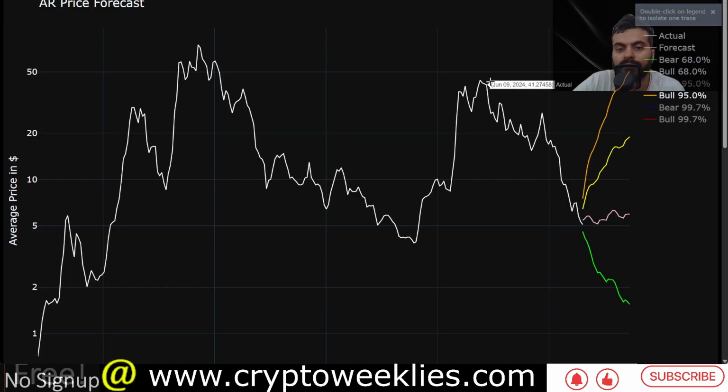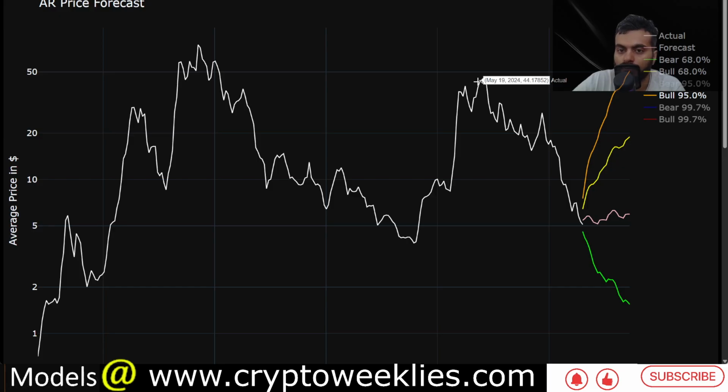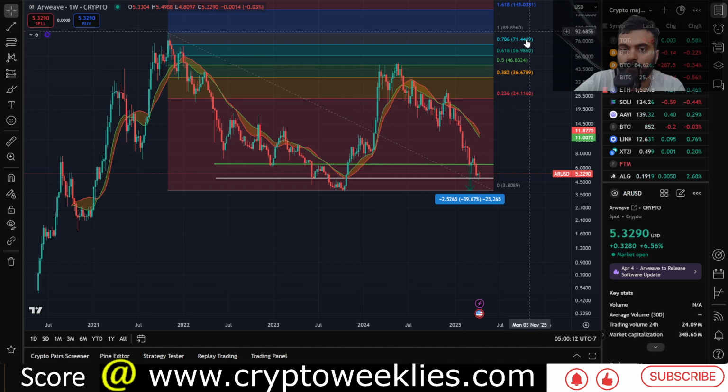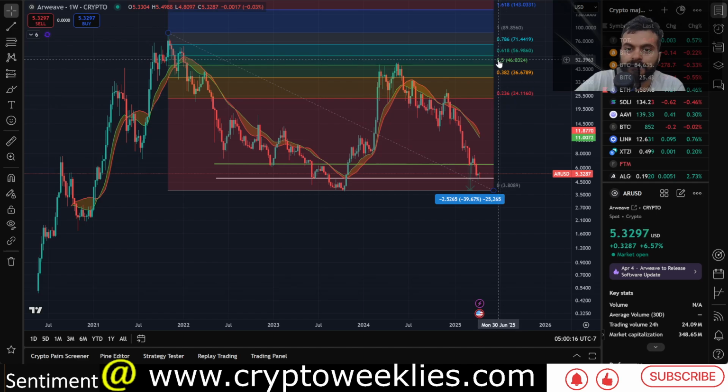So now looking at Arweave in a euphoria or a 2 standard deviation bull case, in that scenario this model says that there is still room for Arweave to go slightly higher than, at least at a weekly average level, higher than the 2024 May high. That 2 standard deviation peak for Arweave would be per this model at around $50, couple of cents here and there. That would be close to a midpoint between the 0.5 fib level and 0.618 fib level.